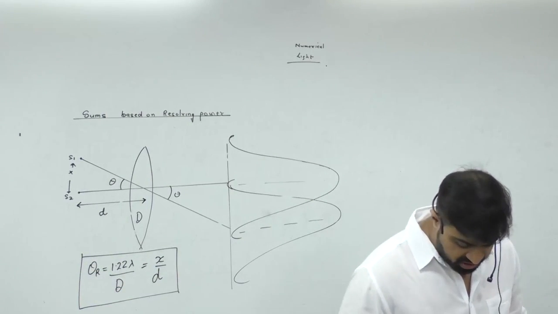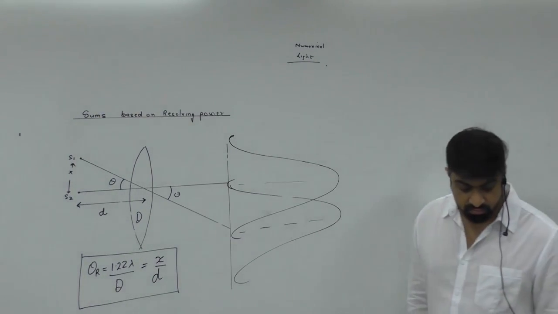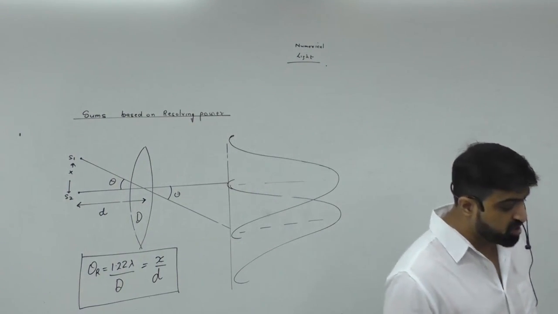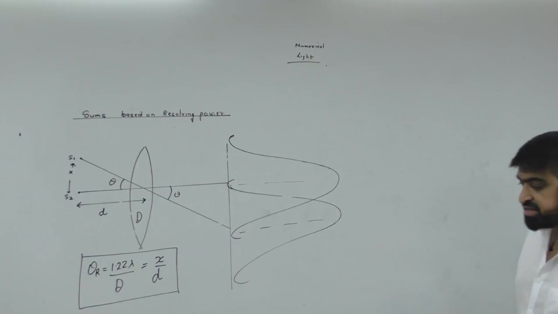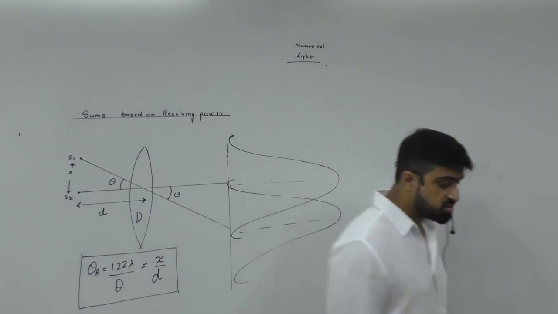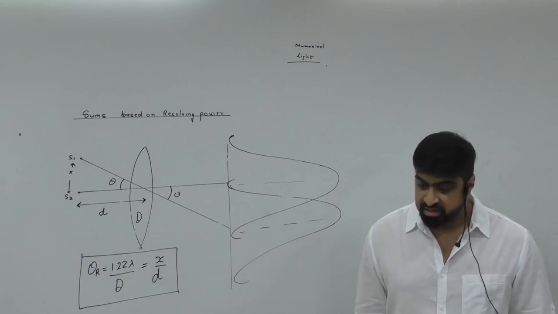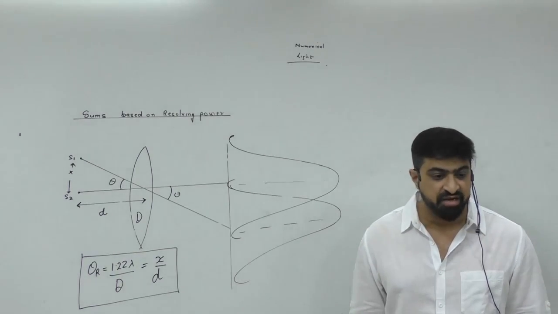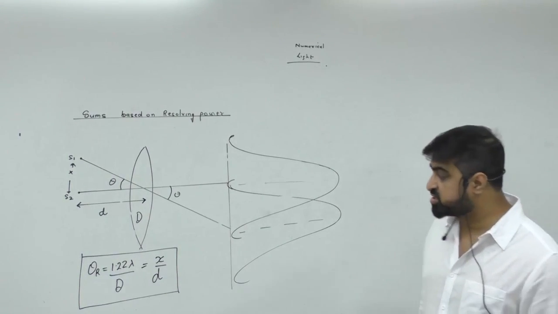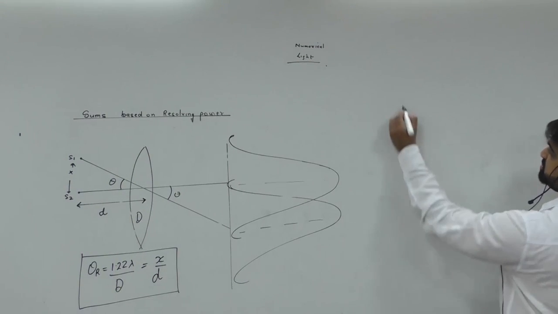The person wants to see two pillars at a distance of 11 kilometers as separate. As separate मतलब he wants to obey Rayleigh's criteria. The distance between the two pillars is how much?